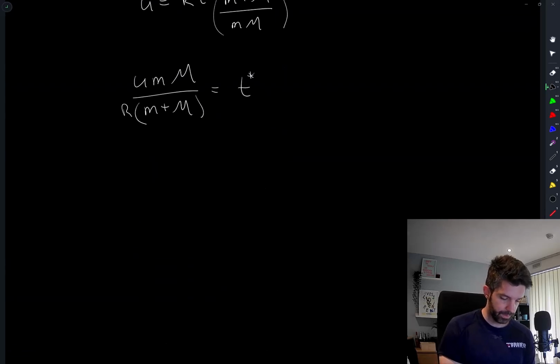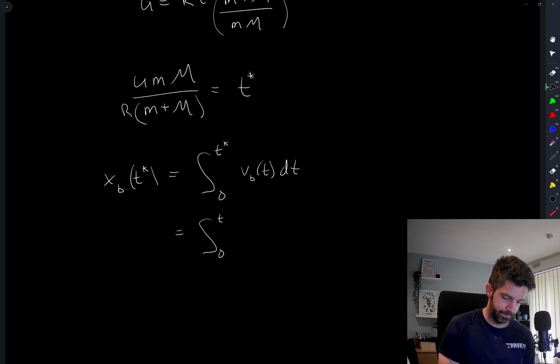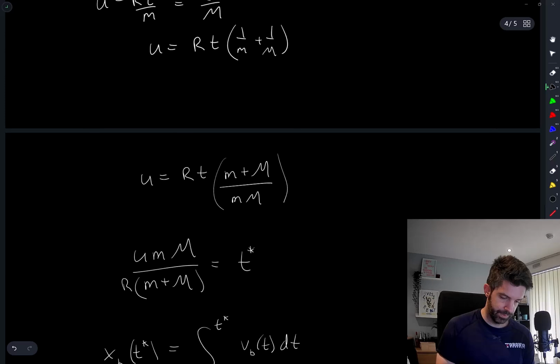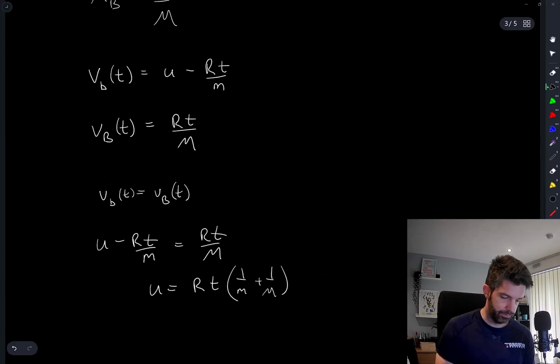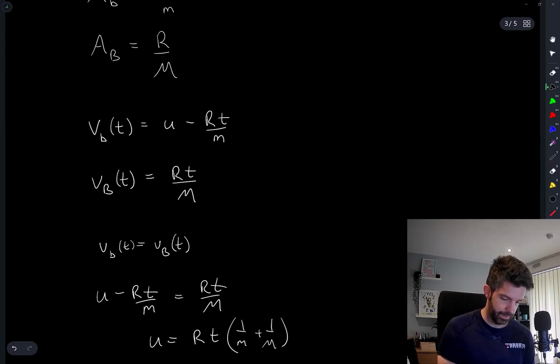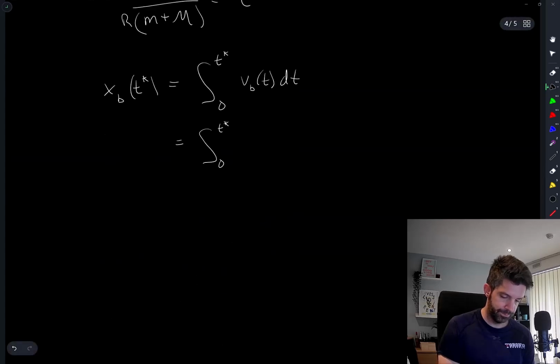So the position of the bullet at time t star is equal to the integral from 0 to t star of v_b(t) dt. The velocity of the bullet is u minus capital R t over m, dt.